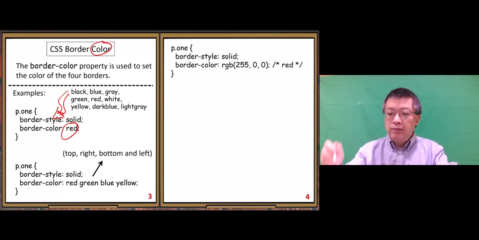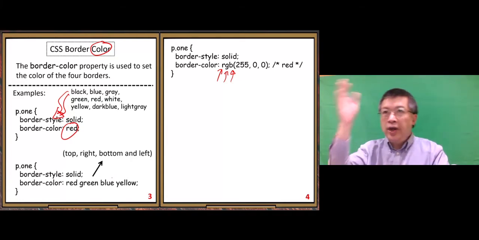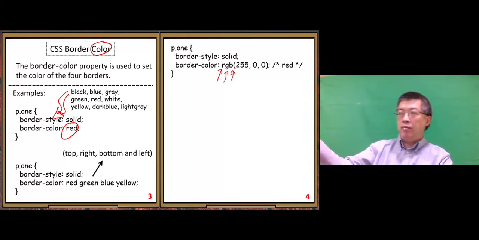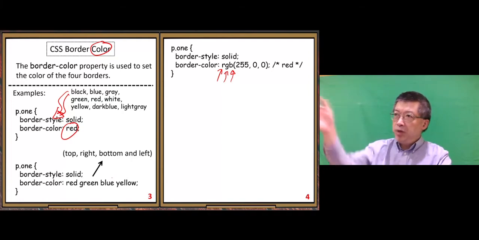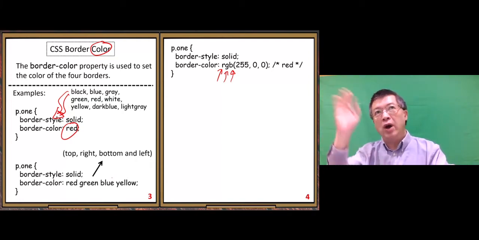But for that situation, we can use RGB values. Each color, we can divide into 3 components: red component, green component, and blue component. RGB. So we use RGB values to describe one color.